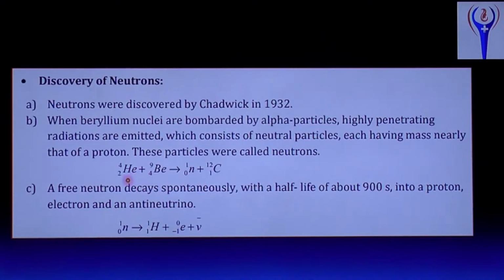And the alpha particle is He-2-4, helium nuclei. 2 is the atomic number, 4 is the mass number. Beryllium Be-4-9 gives N-0-1. What is N-0-1? That is the neutron. What is the charge of the neutron? Neutral, that is 0, and mass is 1.